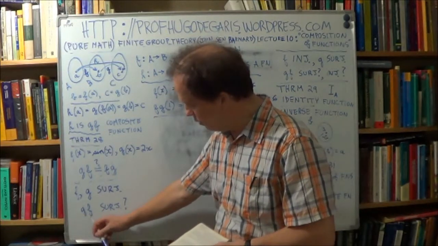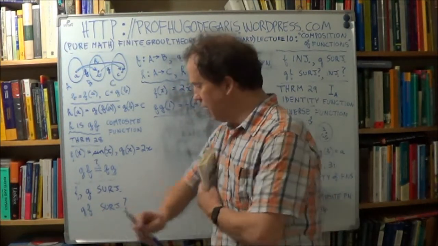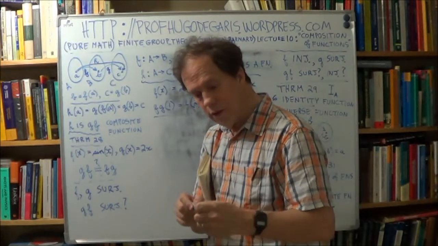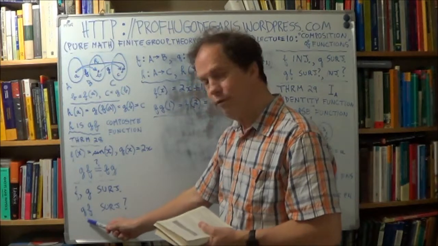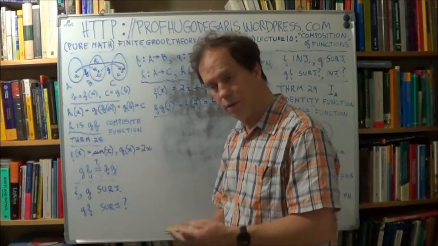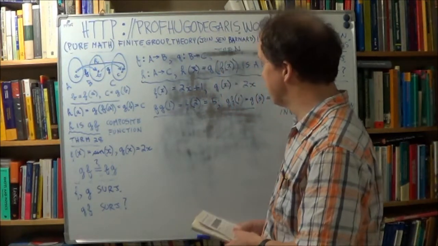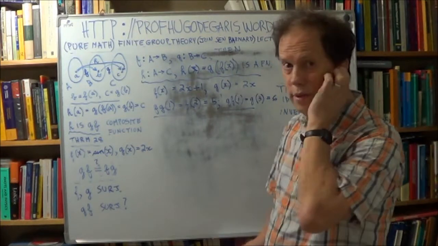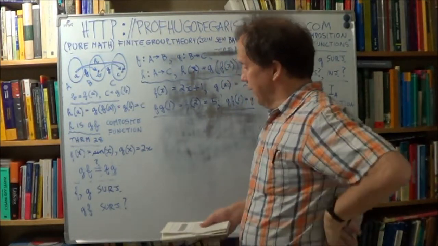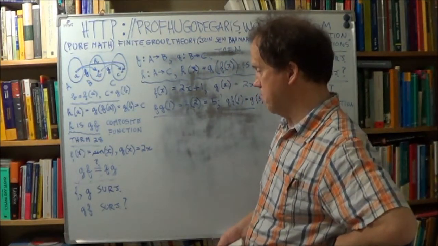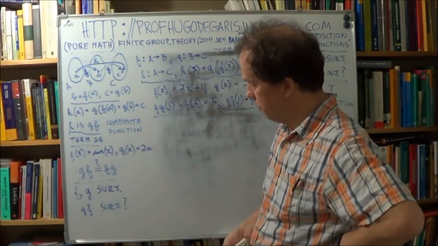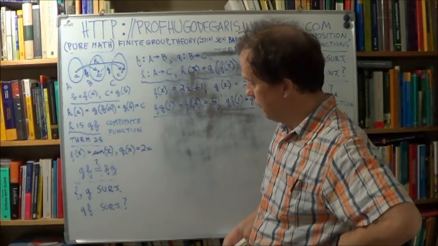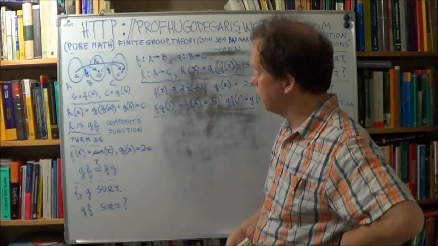In other words, you apply f first, then g. Is it surjective? If both of these are surjective, is the composite function surjective? So there's a question. This is an example, it's not a theorem. Well, we could treat it as a theorem. So how would you go about doing that?